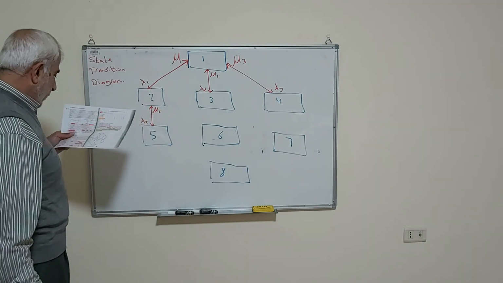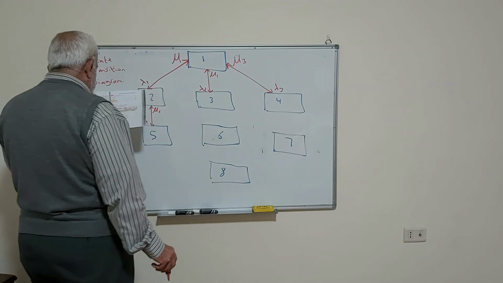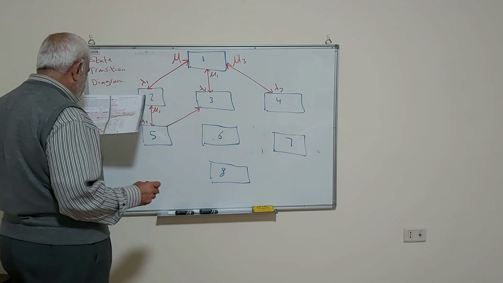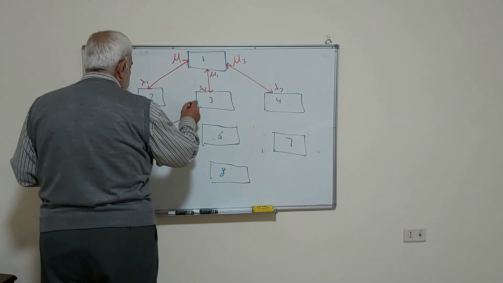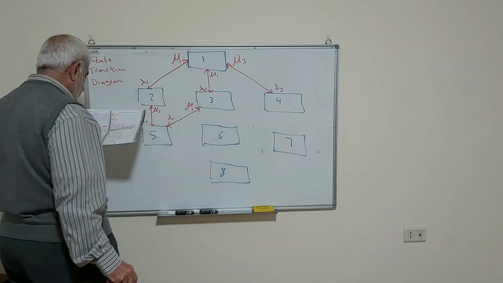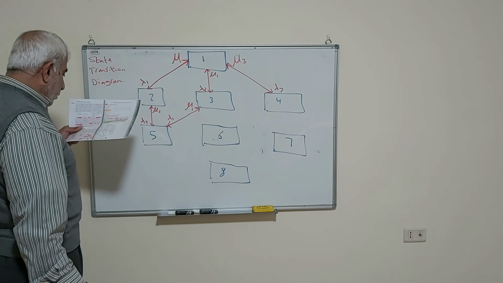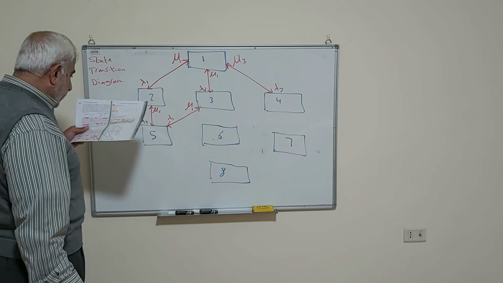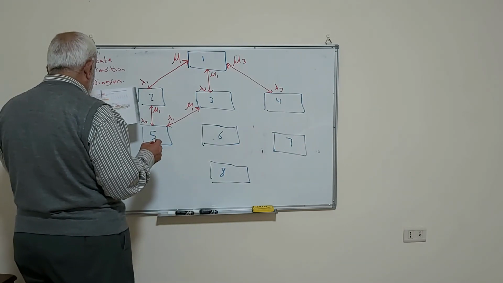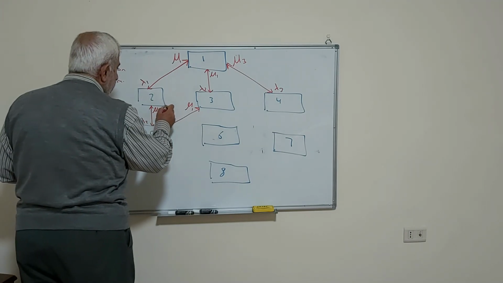Then I can go from state 5 to state 3 by repair rate of mu 1 and here by lambda 1. Then I can go from state 2 to state number 6 as follows.